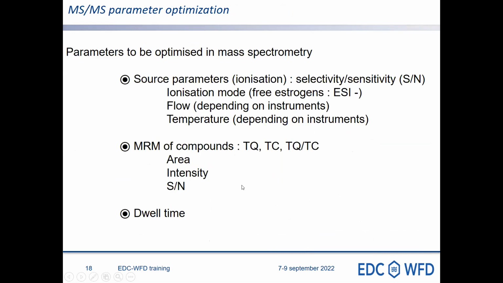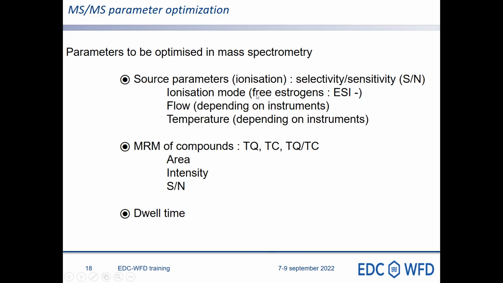Now let's go to the optimization of the mass spectrometry, and we will focus on the optimization of the source parameters to have the best compromise between selectivity and sensitivity, evaluated as signal-to-noise ratio.